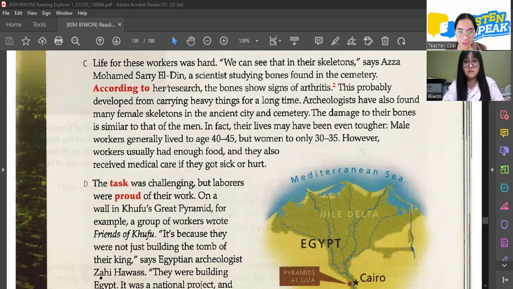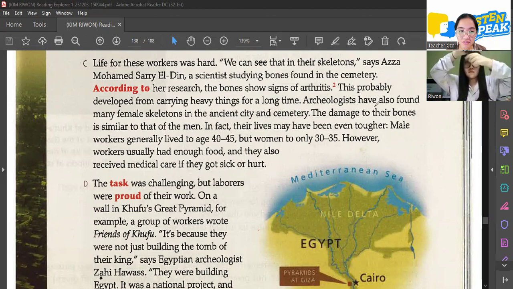According to her research, some bones show signs of arthritis. Arthritis is a condition of joint inflammation from lifting heavy things. Okay, so it develops from carrying heavy things for a long time.